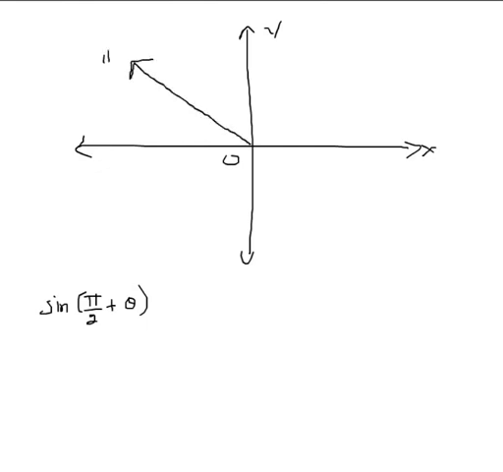This pi by 2 plus theta is in the second quadrant. Because it is pi by 2 here, we will change the ratio. Sine is positive in the second quadrant. Only sine and cosecant are positive. Other trigonometric ratios will become negative. When you decide the sine, you have to see the sine of the second quadrant angle, so put the sign accordingly.